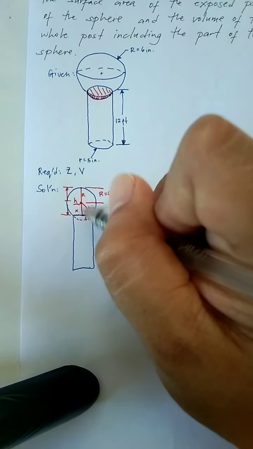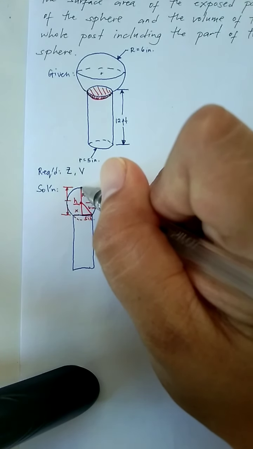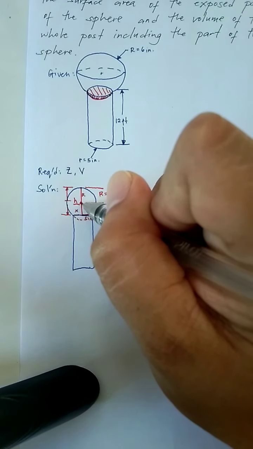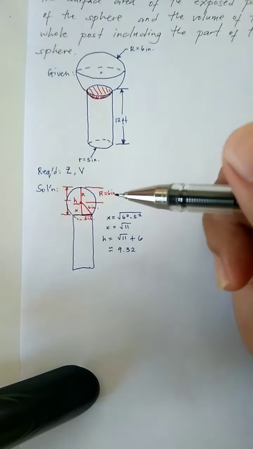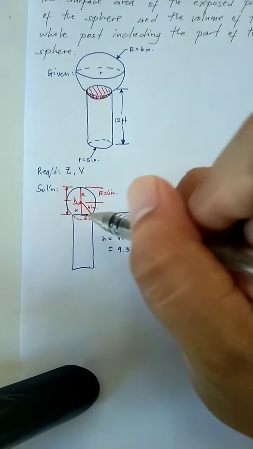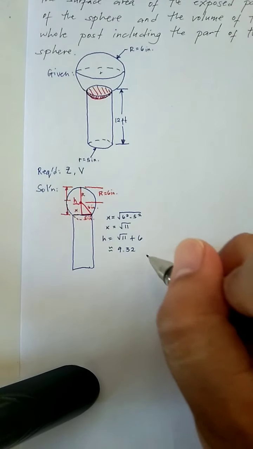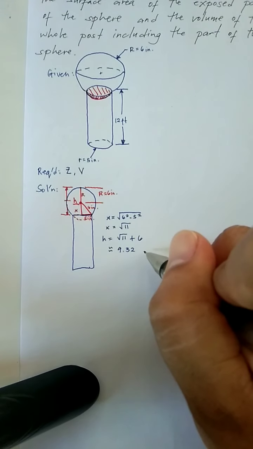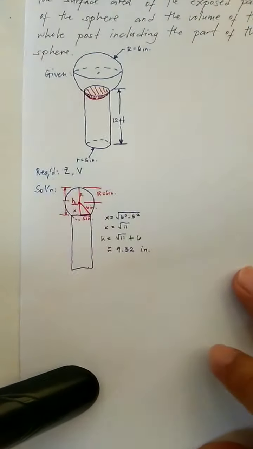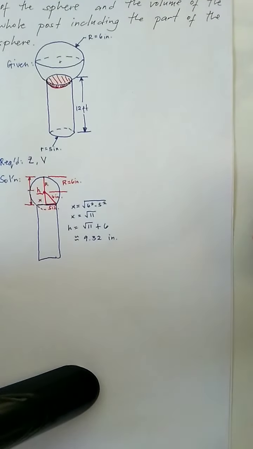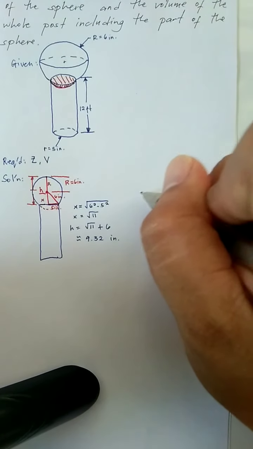The whole thing is composed of the radius, from the top going to the center, and then this x, from the center going to the bottom or the top of the cylindrical post. So this one is 9.32 inches. With that, we can now solve for the area, or the zone.